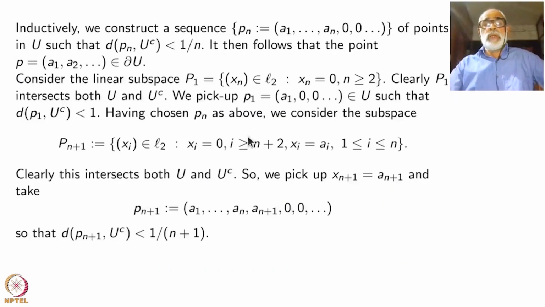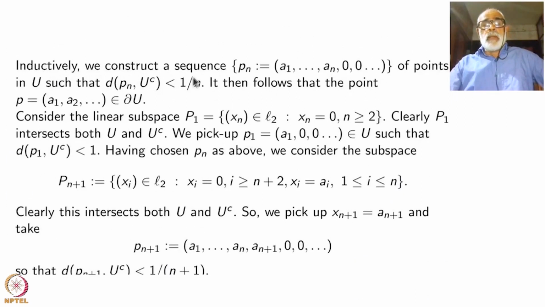So that is what I am doing here. Inductively, we construct a sequence Pn: (a1, 0, 0, 0, ...), (a1, a2, 0, 0, 0, ...), and so on, (a1, a2, ..., an, 0, 0, 0, ...) of points inside U such that the distance between Pn and the complement is less than 1 by n.